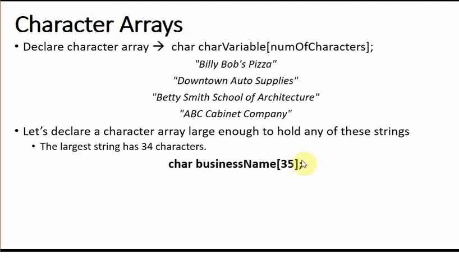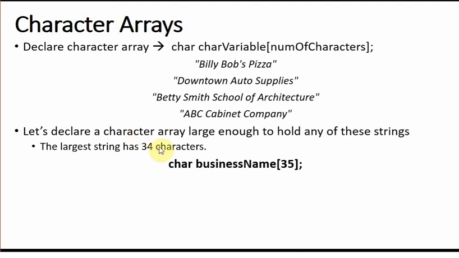You always add 1 to the maximum number of characters, because at the end of the string, before the quote, there is what we call the end of the string character, or the null character. It's not seen, but it is there to let us know that this is the end of the string.